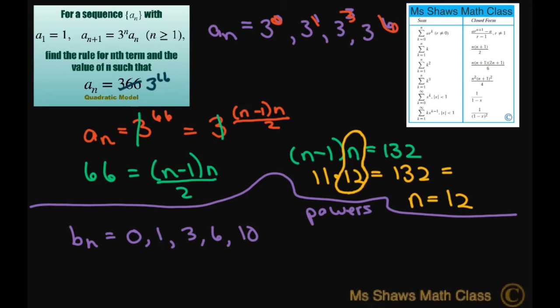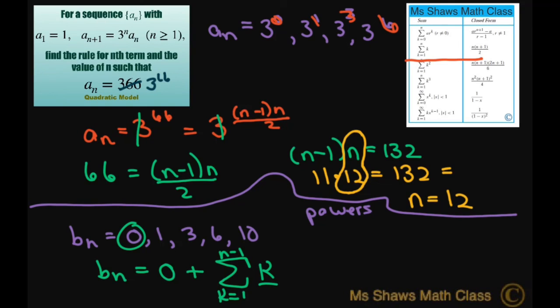And then using the quadratic model, we're still going to use this formula. So we can write this as b sub n equals, you always take your first term, plus the sum from k equals 1 to n minus 1 of k.